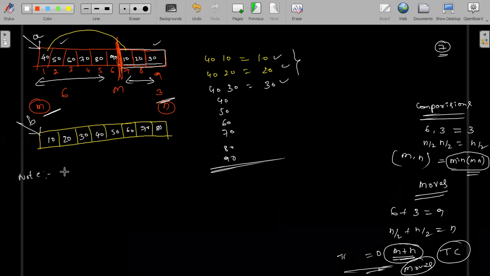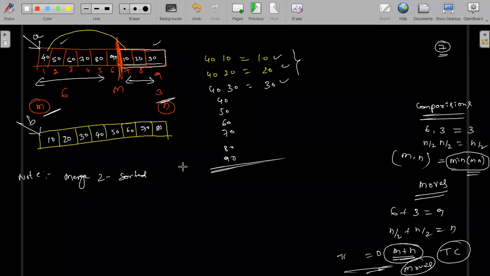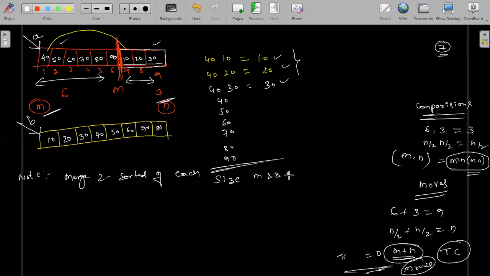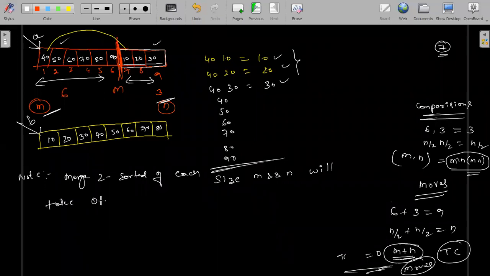The note is: merging two sorted arrays of sizes m and n will take theta of m plus n for every case, because of moves. This is for out-of-place merging.